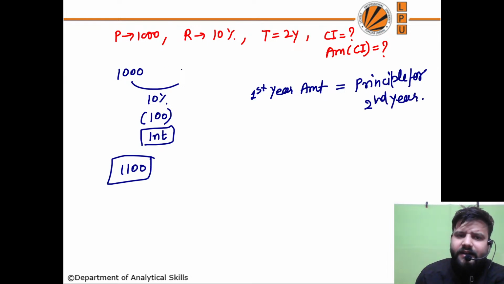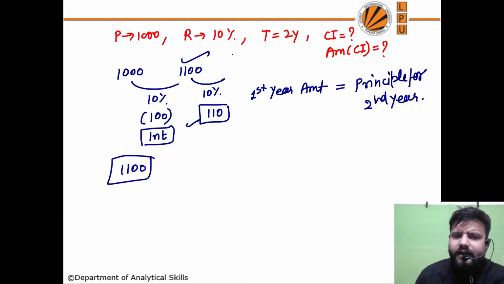So here the 10% now would be charged on 1100. So 10% of it is how much? 10% of it is 110. So now in the second year you will be getting 110. So finally you are getting how much? 1100 plus 110. It is 1210.